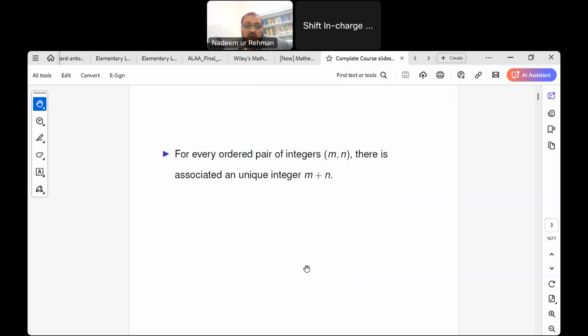So we say that the binary operation is: we take any ordered pair of integers m and n, and there is an associate.